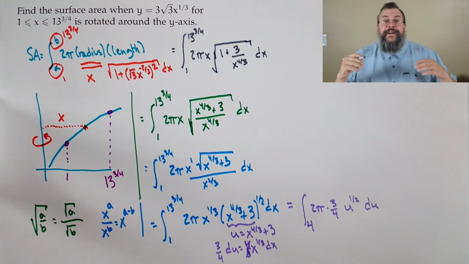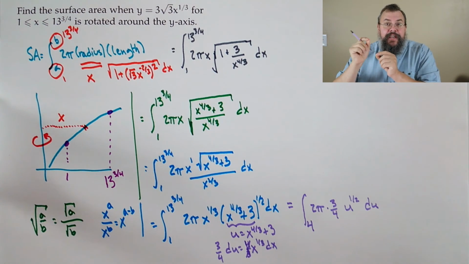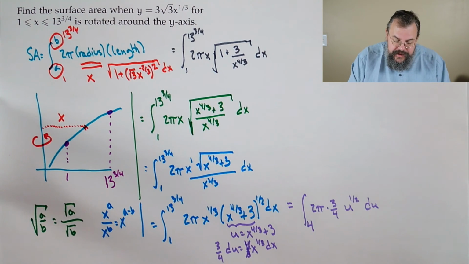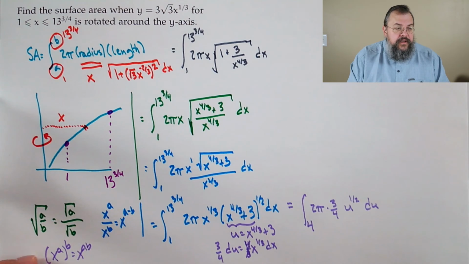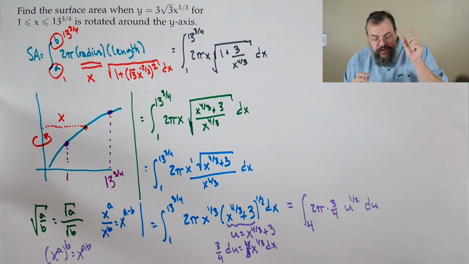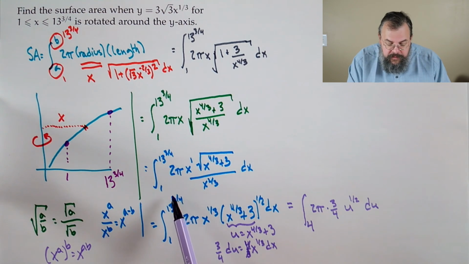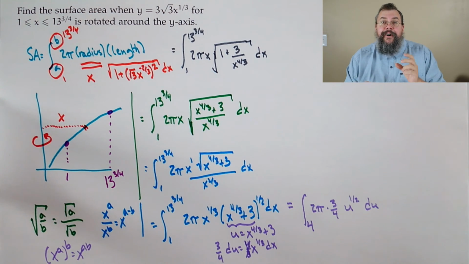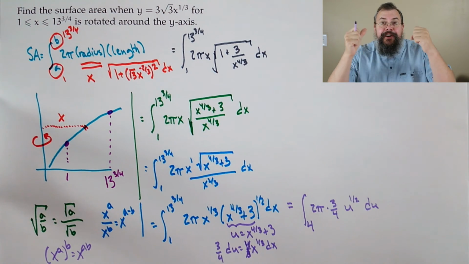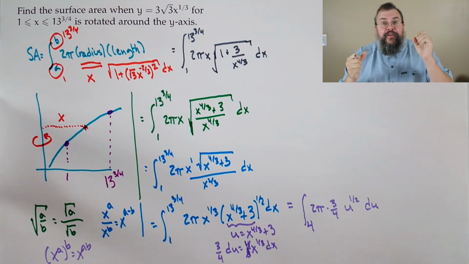What happens? You multiply the exponents together, right? Because there's this basic rule: x to the a to the b is x to the a times b. So you take the 3/4 coming from the power there, times the 4/3 coming from that power, and they knock each other out. So what do we end up with?